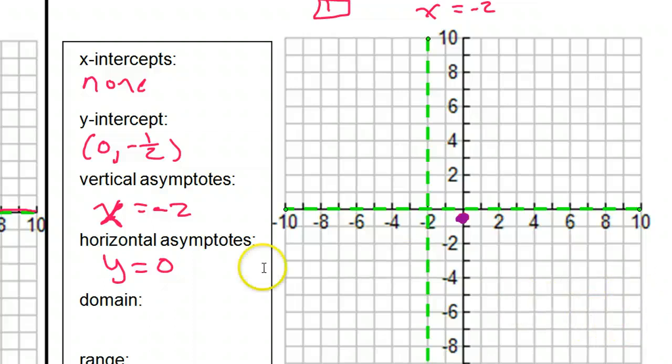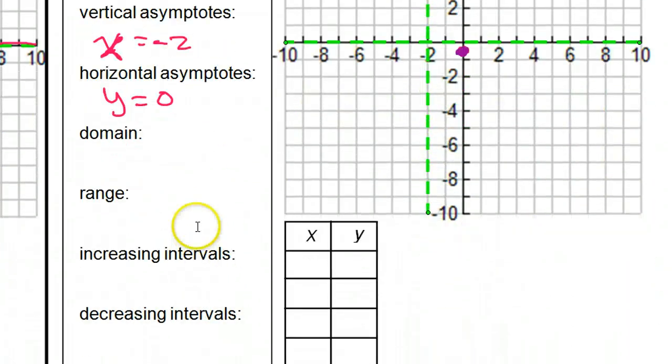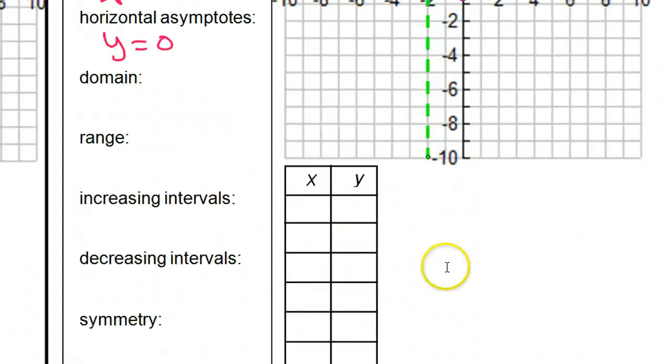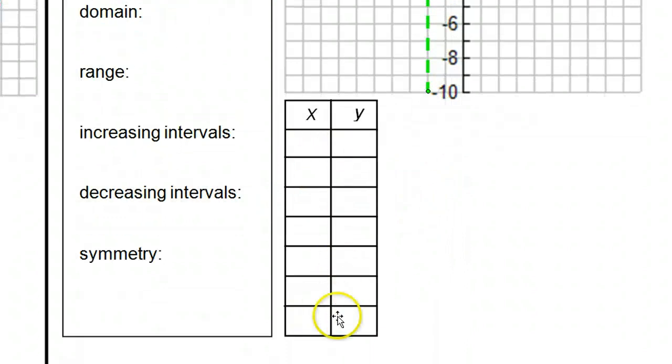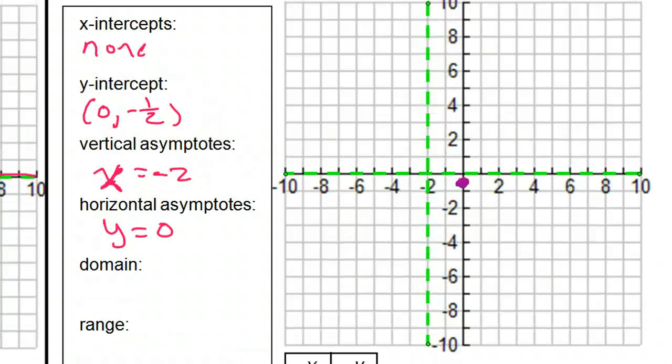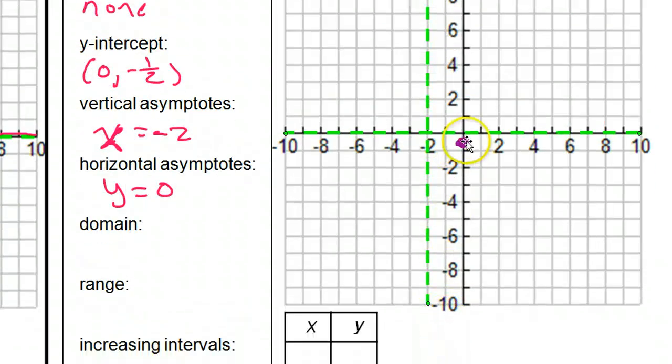Before we can do the domain and range and increasing intervals and all that, we need to actually finish the graph now. So I want you to use a minimum of 7 values. Sometimes you'll need even more, but don't give me any less than 7 values. I've already got 1 point over here, so that's going to be an 8th value. So how about let's do 4 points on this side and 4 points on this side.